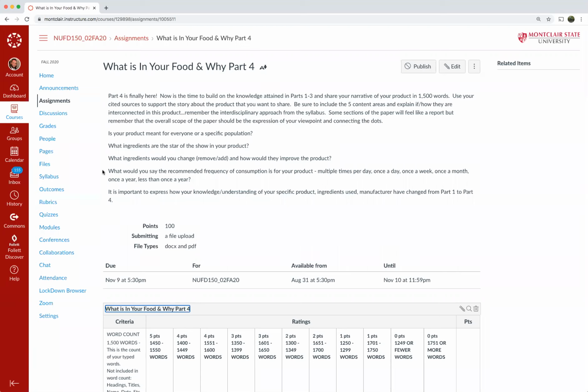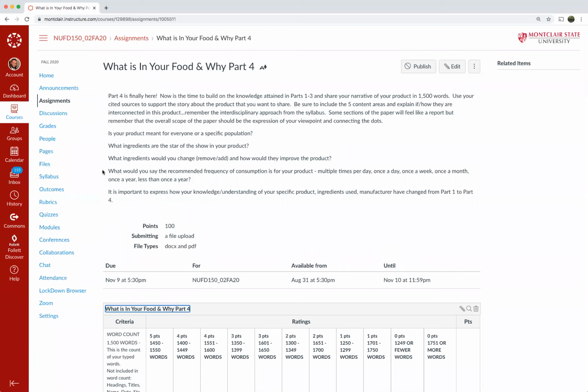They could be two things, they could be one thing, but it's important to express how your understanding of these things has changed from the beginning when you first started with part one, as you worked through part two with the identification of your ingredients, onto part three, where you started your literature review, and ultimately this part four, where you put it all together.